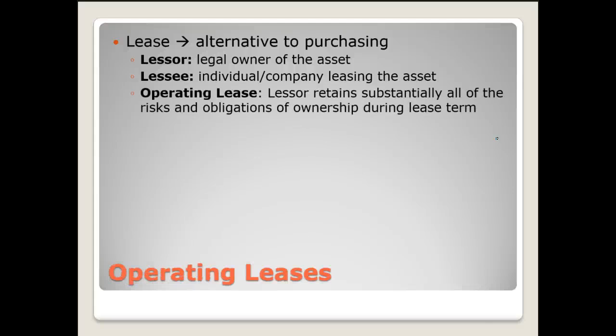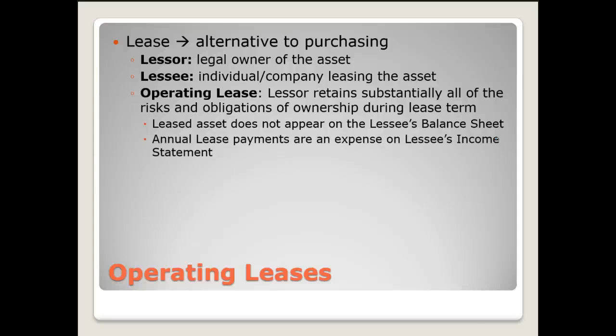In operating leases, the lessor retains substantially all of the risks and obligations of ownership during the term of the lease. The leased asset will not appear on the balance sheet of the lessee company, and the annual lease payments will be considered an expense on the lessee's income statement.